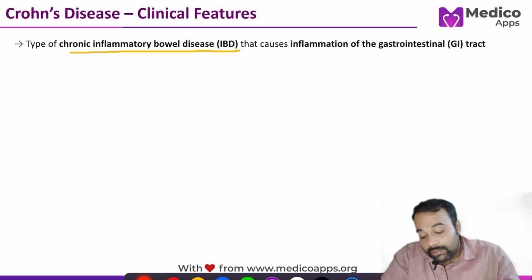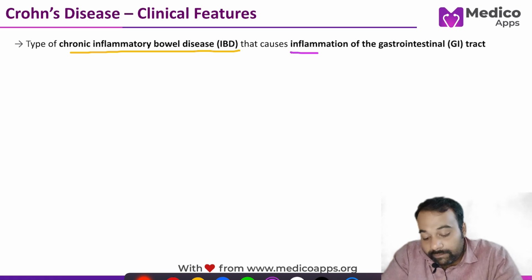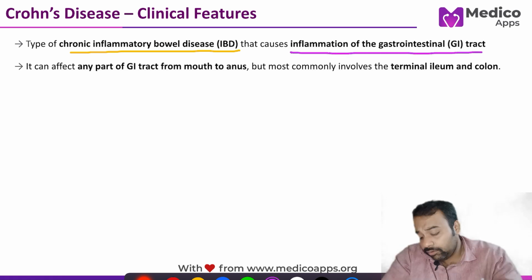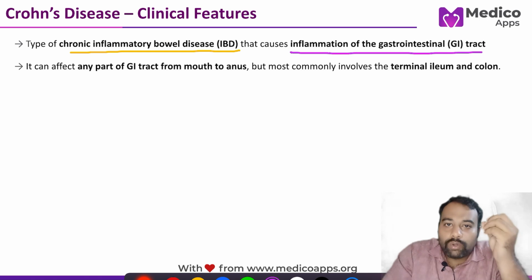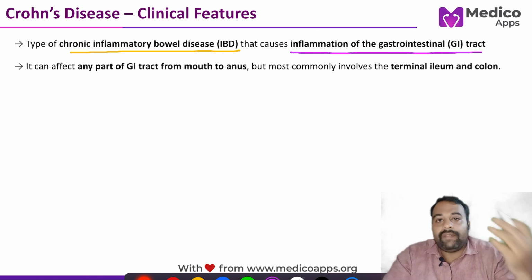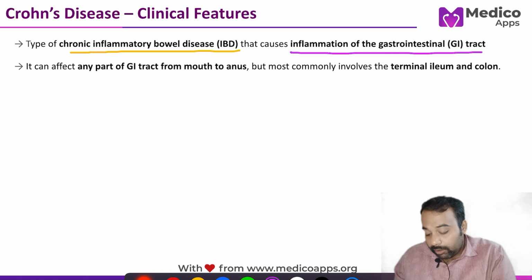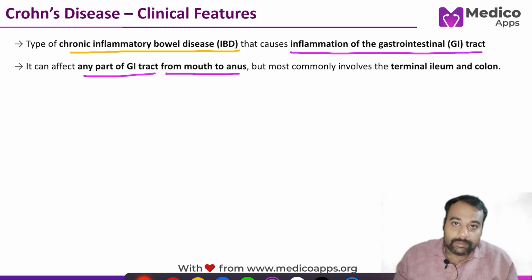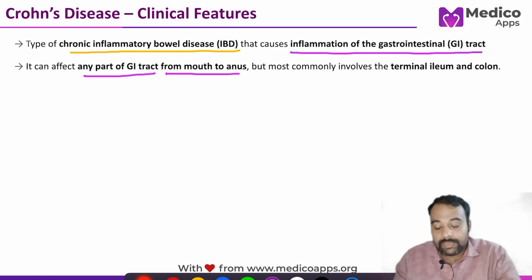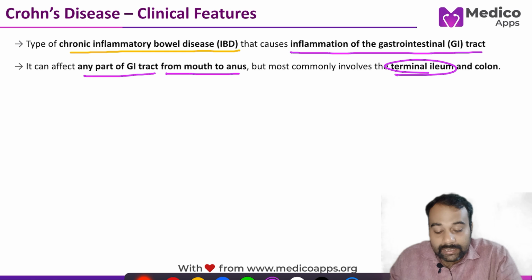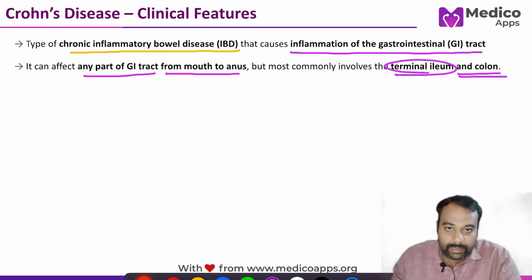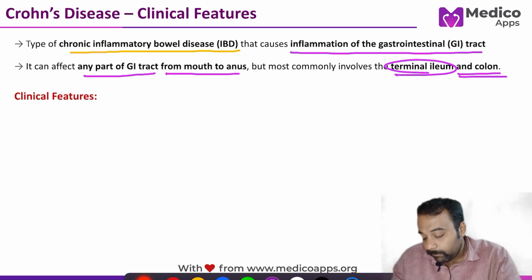Here there is an inflammation of the GI tract. Typically, Crohn's disease can affect any part of the GI tract, from the mouth to the anus. The most common areas involved are the terminal ileum and the colon.